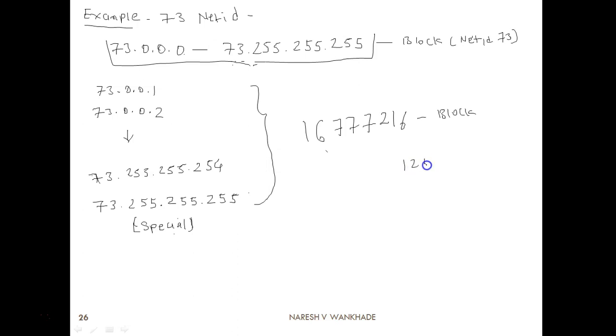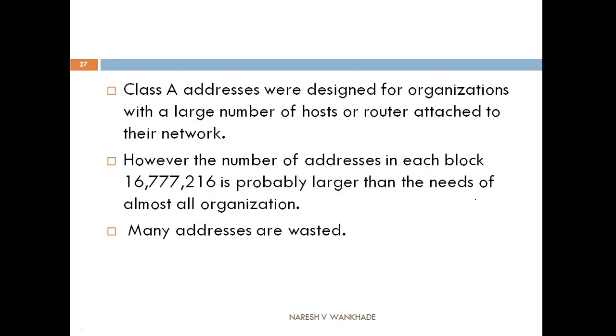There are total 128 blocks, and this block 73.0.0.0 to 73.255.255.255 belongs to one of the blocks of 128. These class A addresses were designed for organization with large number of hosts or routers attached to their network.